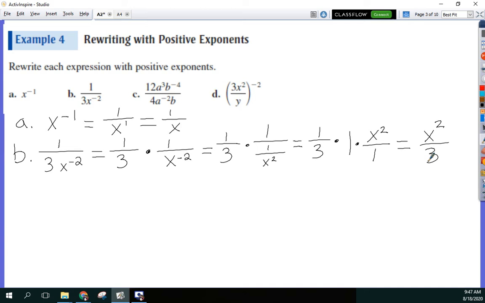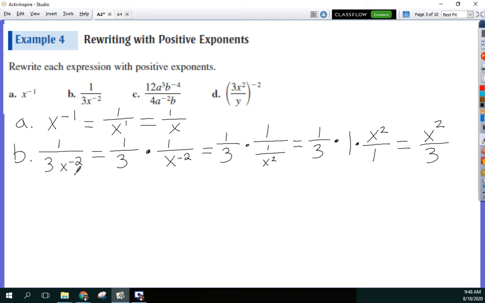Now, in the future, instead of rewriting it as a complex fraction, you can go ahead and say, oh, I have a negative in my denominator. That's going to move it to the numerator with a positive exponent. Do be careful though, because this -2 only applies to the x, not to the 3.